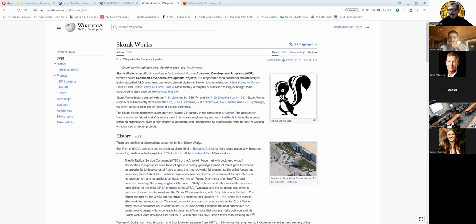Skunk Works has now evolved into a symbol of excellence. If you see Skunk Works on the tail of any plane, you know that it was part of the Advanced Systems Division of Lockheed. This is a great example of how collaboration comes together and really builds brilliant stuff, okay?